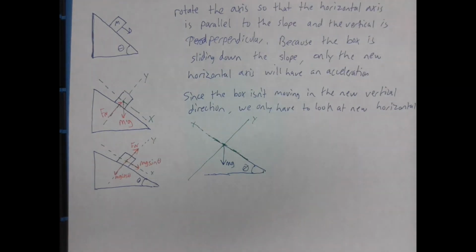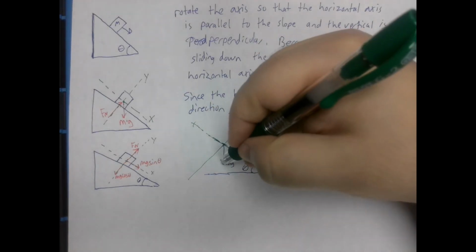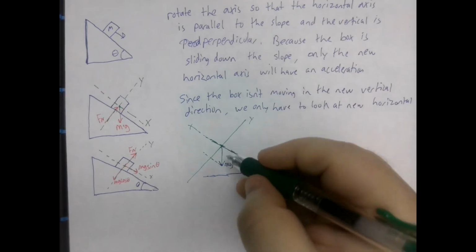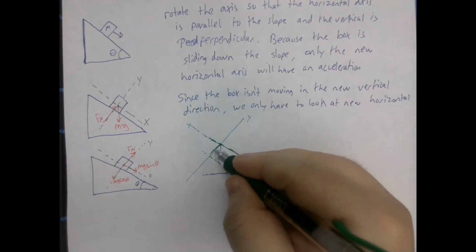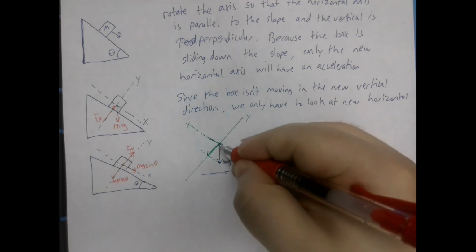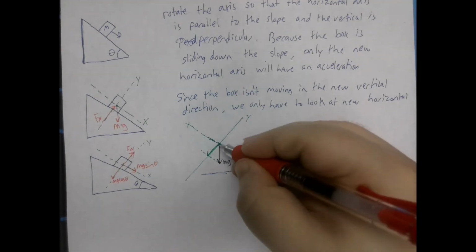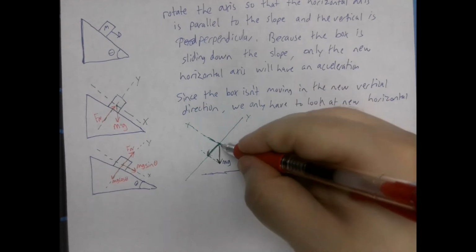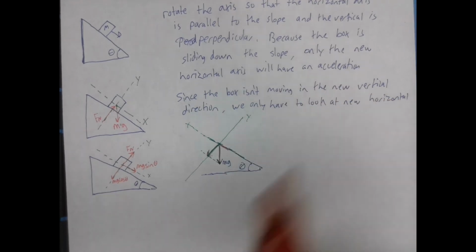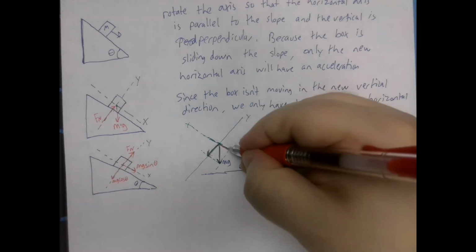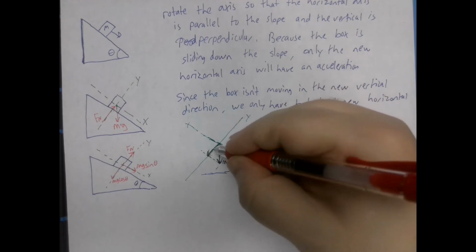So again, we can draw a right angle here. So this would be a downward, I'll draw it red. So this would be our downward, and this would be our horizontal. I mean, this will be our vertical.